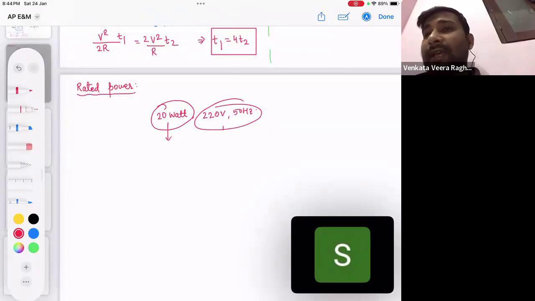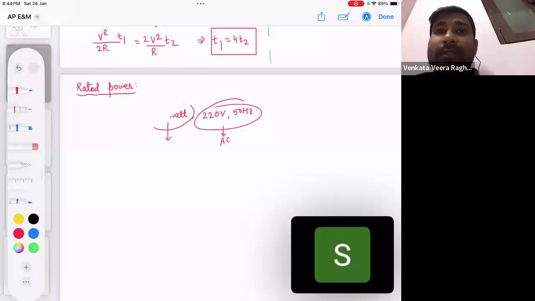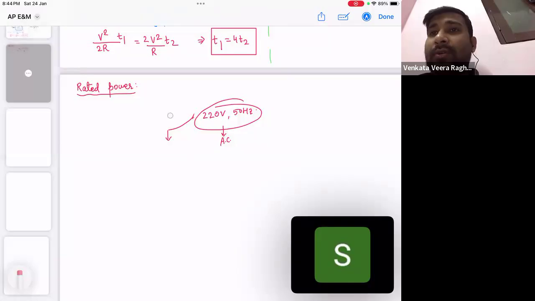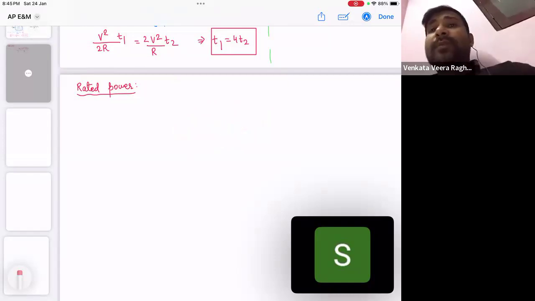Understood? Here I have taken the example of an alternating current source. The same thing happens in a direct current source also. Okay, so let's try to understand what the rated power is. Rated power means any instrument, any appliance, will consume how much power if it is connected in a circuit as per the rated voltage, as per the required voltage.